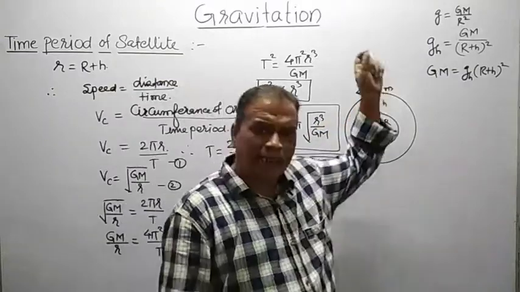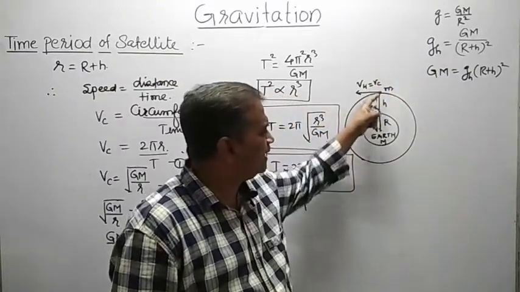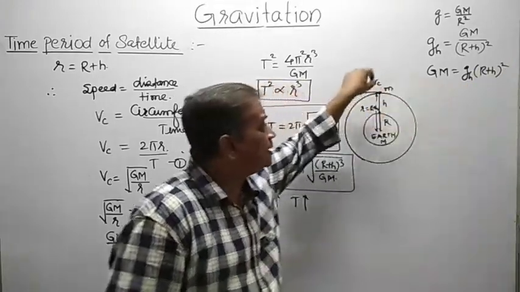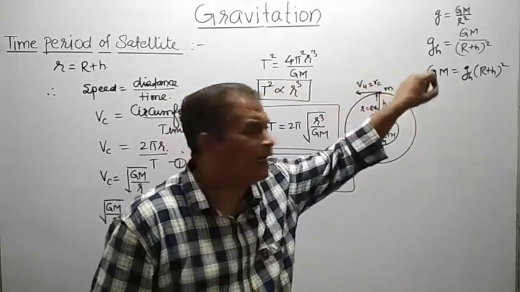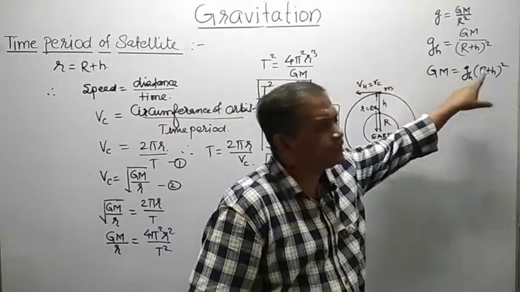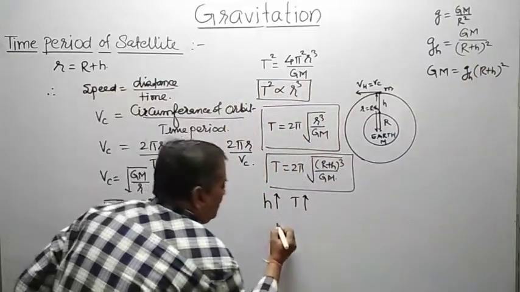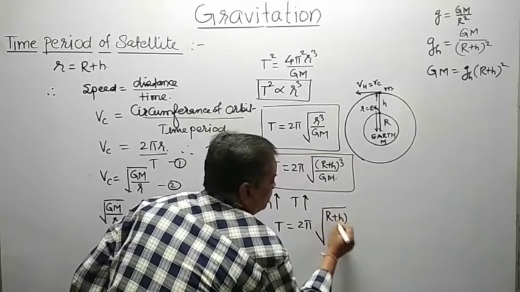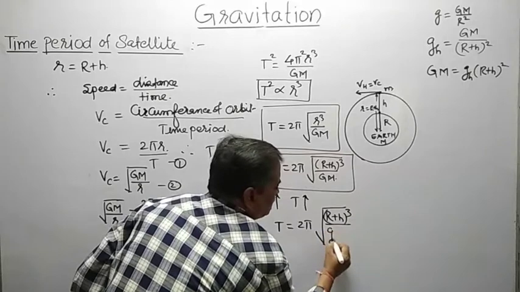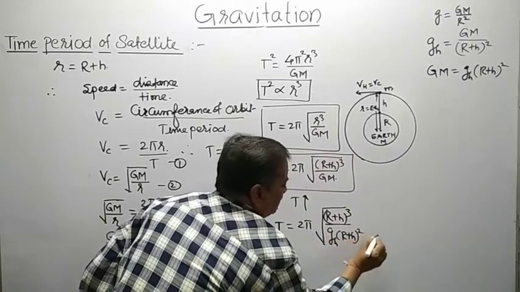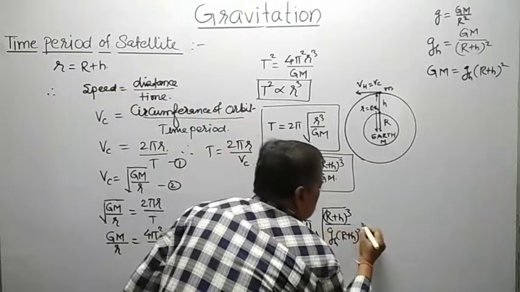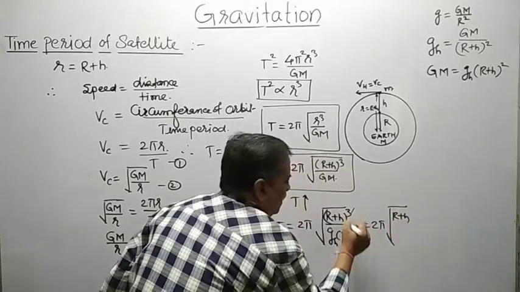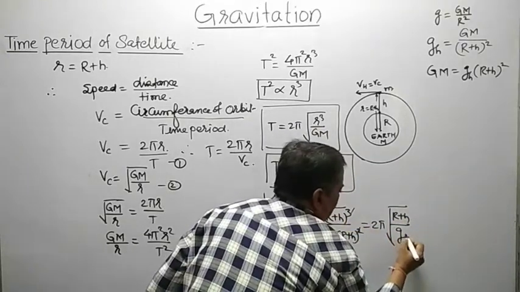Because satellite is at a height h, actually the distance of that satellite from the center of the earth is R plus h. So GM is equal to gh into (R plus h) whole square, where gh is the acceleration due to gravity acting on satellite at a height h. So this T becomes equal to 2 pi under root of (R plus h) whole cube divided by gh into (R plus h) whole square, or 2 pi under root of (R plus h) divided by gh.